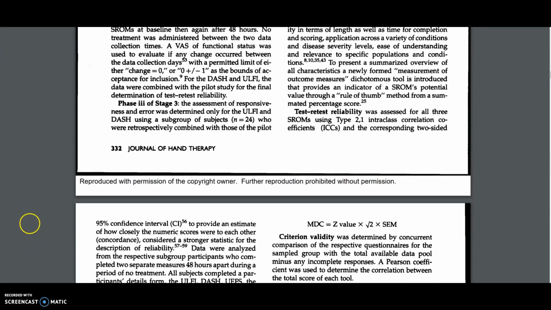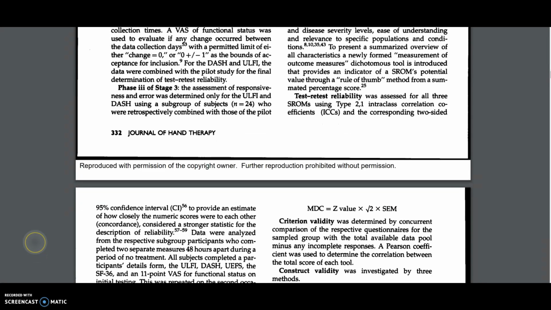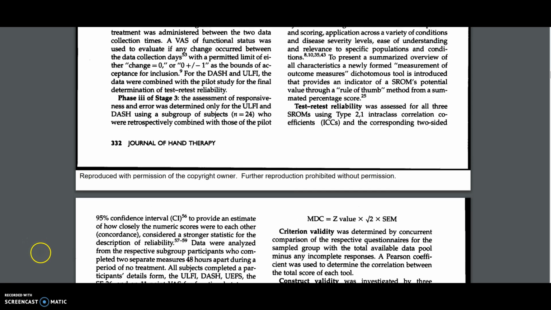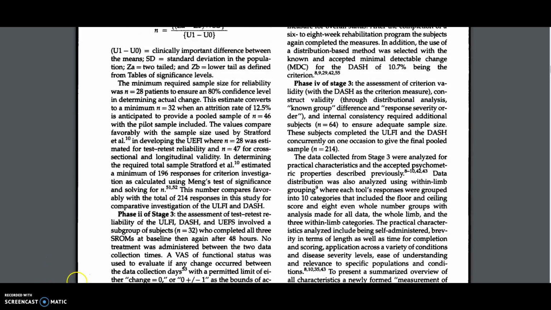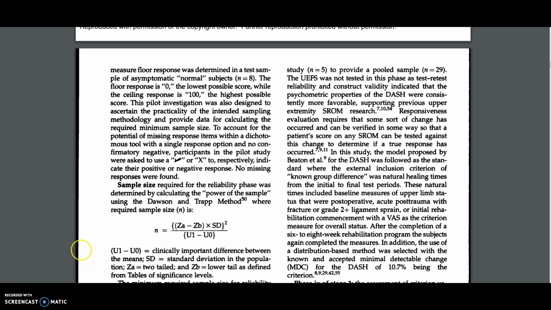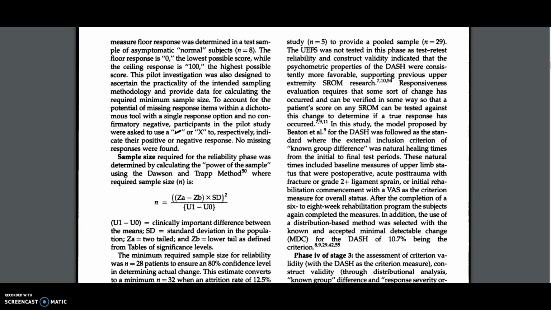Now in phase 3, looking down further here, the assessments of responsiveness and error were determined only for the ULFI and DASH using a subgroup of subjects, a total of 24 subjects, who were retrospectively combined with those of the pilot study, I have to go back up, to provide a pooled sample, so that now the new total sample is 29.